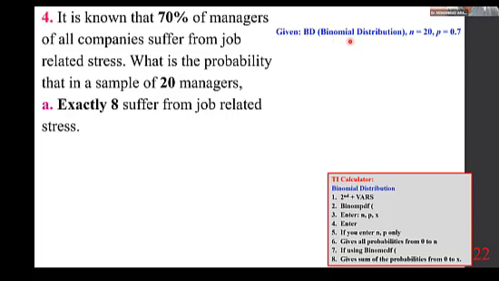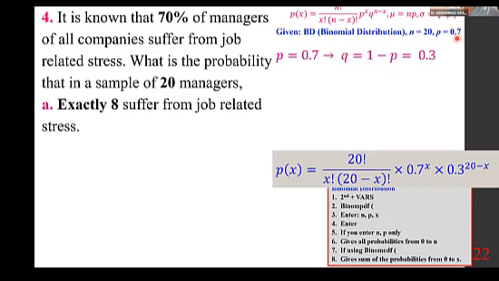Therefore, BD or binomial distribution, n is 20 and p is 0.7, which means obviously we are going to use this binomial distribution formula with p being 0.7. Q is calculated as 1 minus that, which is 0.3. Again, Q can be calculated as long as you have P. N and P are called parameters of binomial distributions.